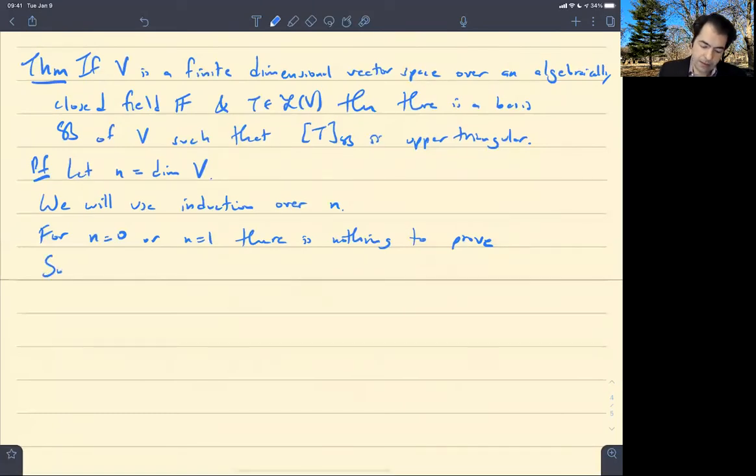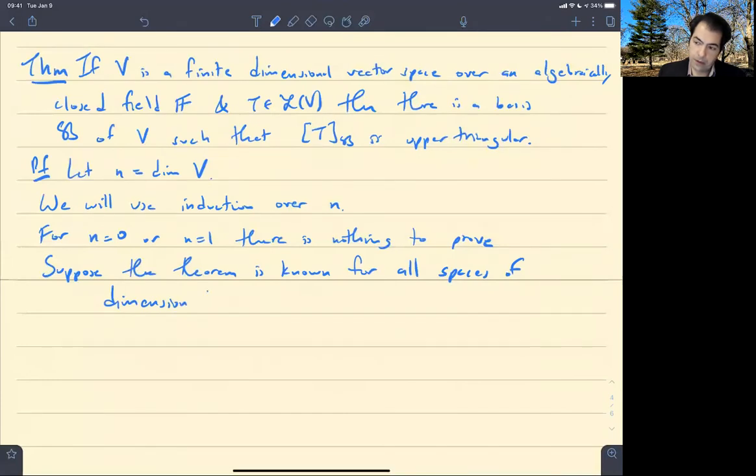Let us suppose then that the theorem is known for all spaces of dimensions less than n. Okay, so we have a vector space of dimension n, and we are assuming that we know the theorem for all vector spaces of dimension less than n.